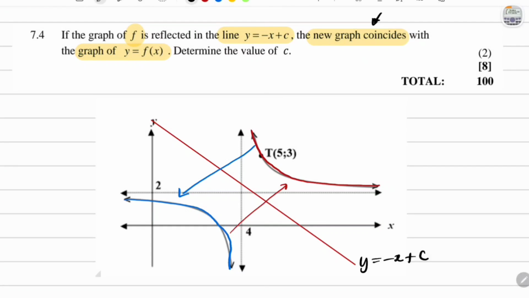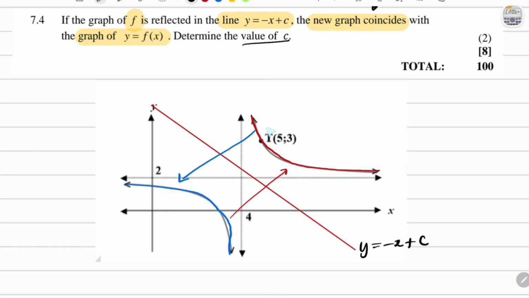Well, if that happens, my only conclusion, if that is even possible, and then they say, of course, determine the value of c. If you can reflect the graph of f across this line, which they didn't tell us the c value of, and it perfectly lines up with the original graph of f, the only way that is actually possible is if this is the axis of symmetry of this graph.